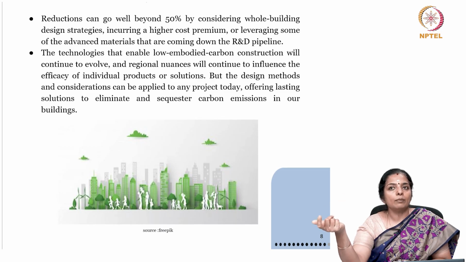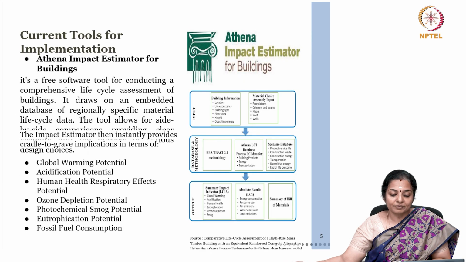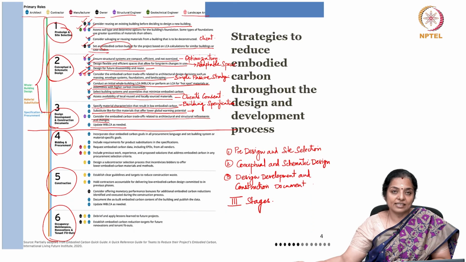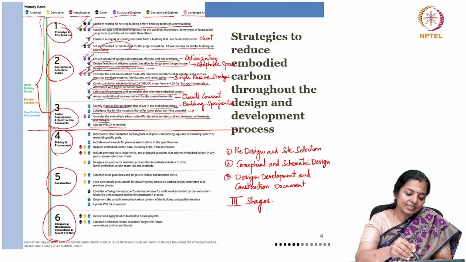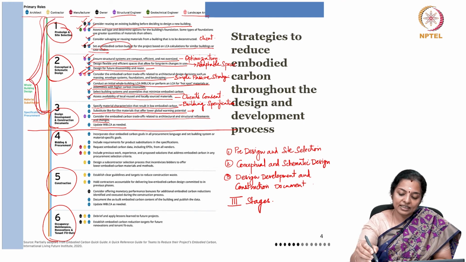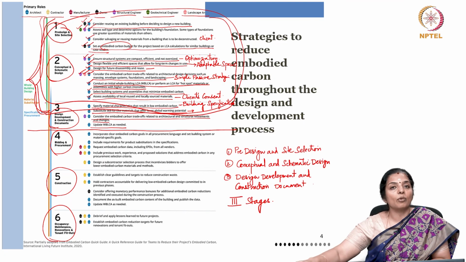Reductions can go well beyond 50% by considering whole building design strategies. What are the whole building design strategies? The entire chart, these are the whole building design strategies. So, if you do enough work in this domain, you can save up to 50% embodied carbon.